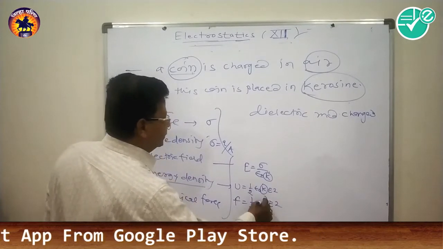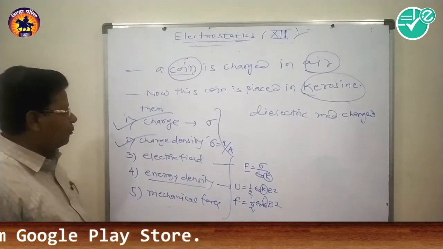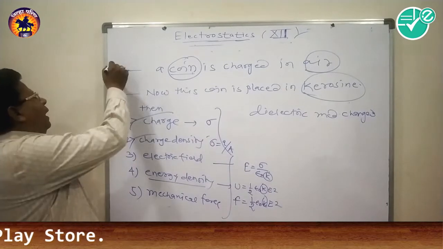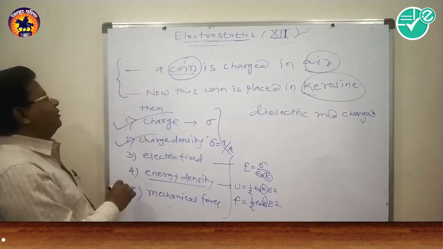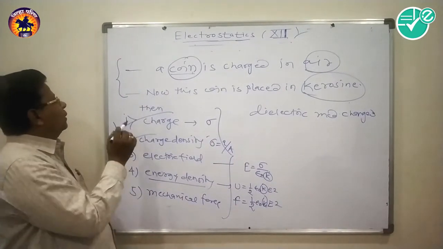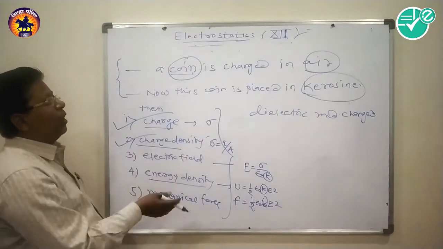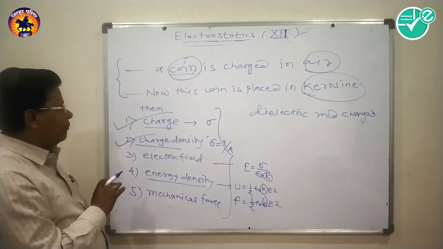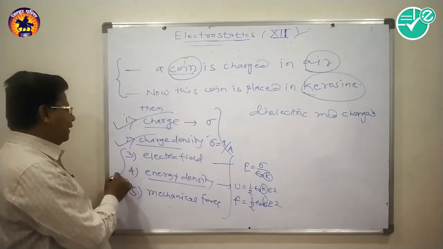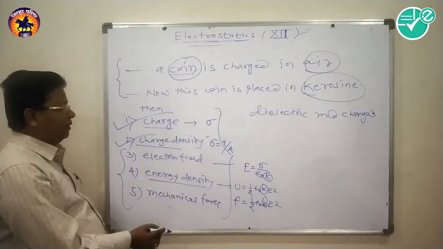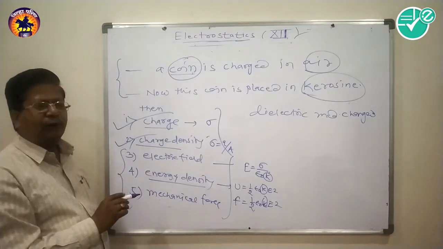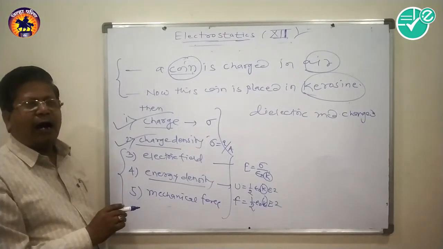Again here the term is K. Therefore in this situation, the charge and charge density will not be affected, but the electric field, energy density and mechanical force per unit area are affected.